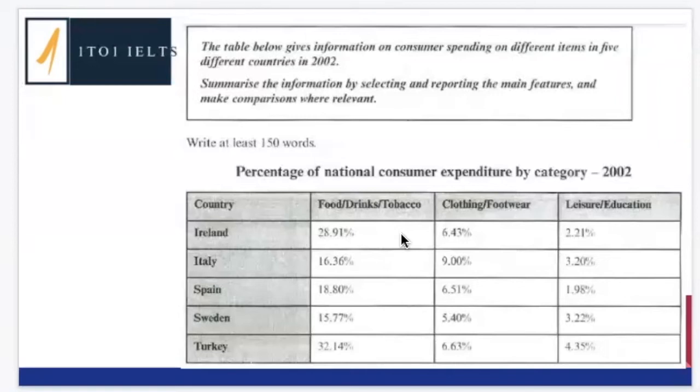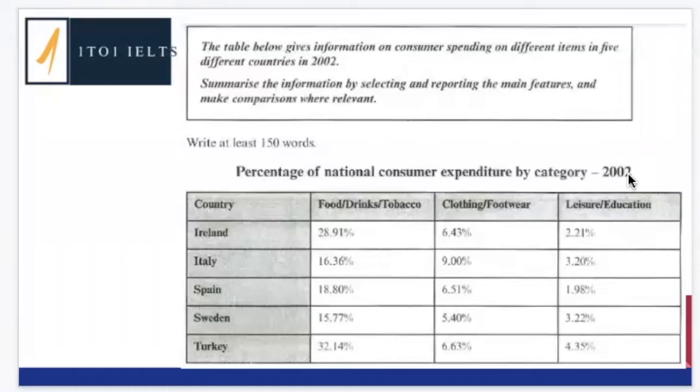And again, what would we do? Let's say we had this chart, but it doesn't tell us it's in 2002. Are we still going to use the past simple? No. Yeah, we use the present.